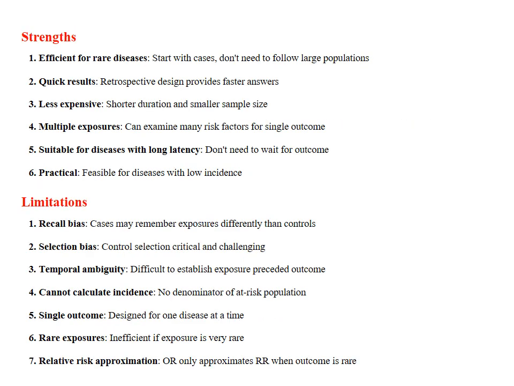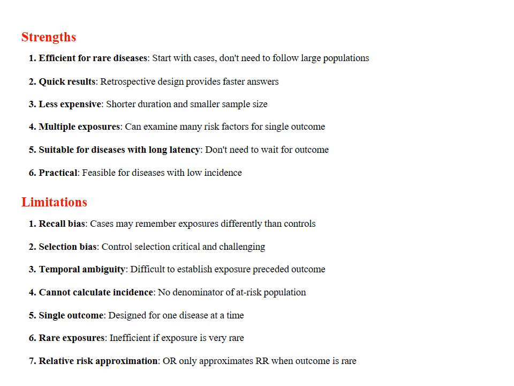Next are the strengths of case control studies: efficient for rare diseases, quick results, less expensive, multiple exposures, suitable for diseases with long latency, practical. What are the limitations? Cases may remember exposure differently than controls, and selection bias.